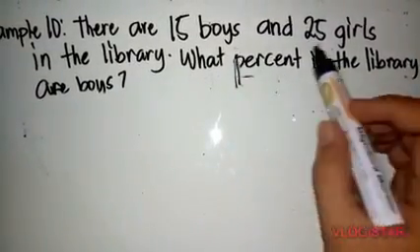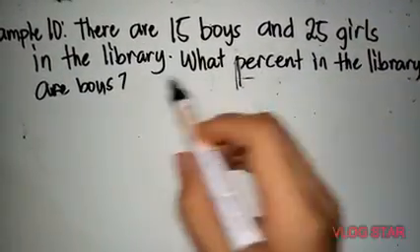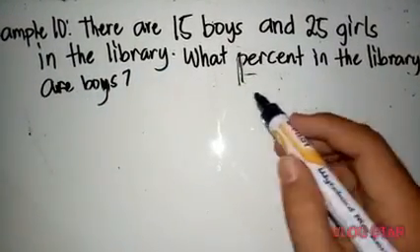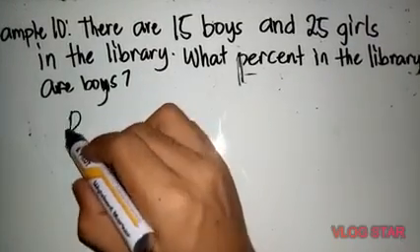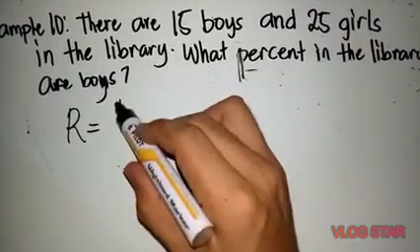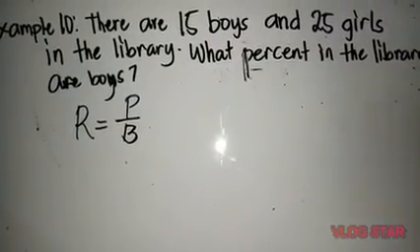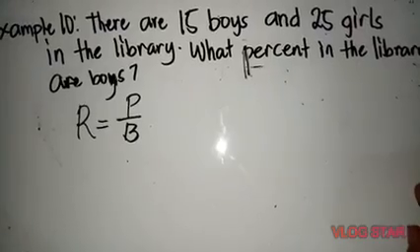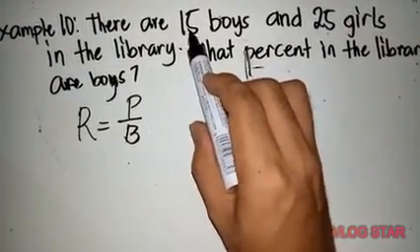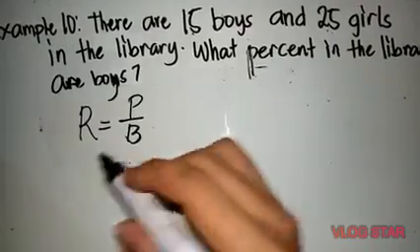There are 15 boys and 25 girls in the library. What percent in the library are boys? So in this question, we will use the formula rate is equal to percentage divided by base. So first is we'll find the base. So what is the base? 15 boys and 25 girls. So we need to add 15 and 25.